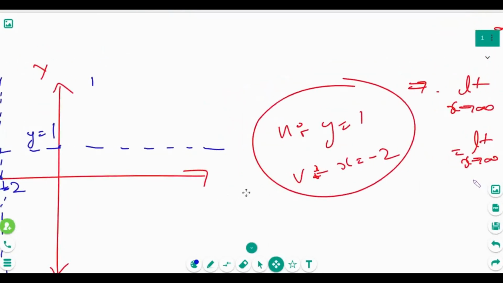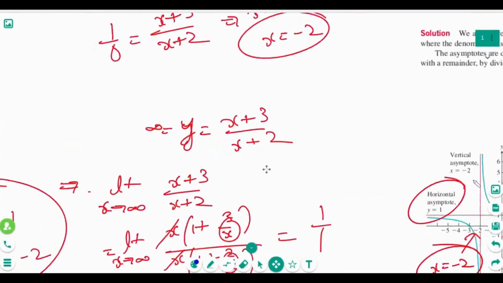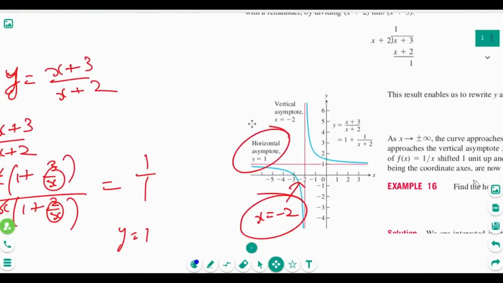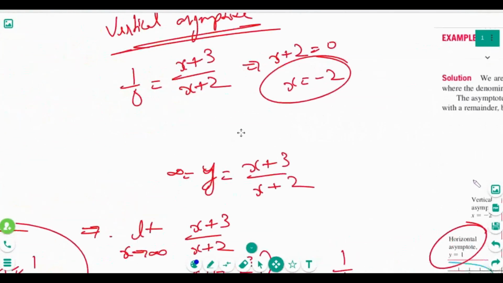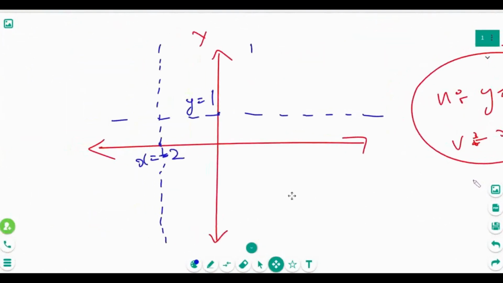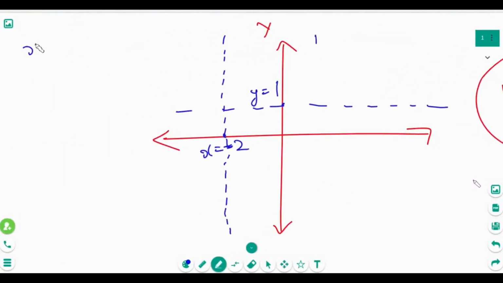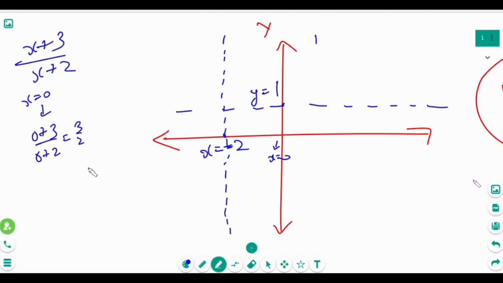Now we have to look at some points. It is (x plus 3) by (x plus 2), right? Let's take x as 0, for example. Just take one or two points. 0 plus 3 by 0 plus 2 is 3 by 2, that is 1.5.